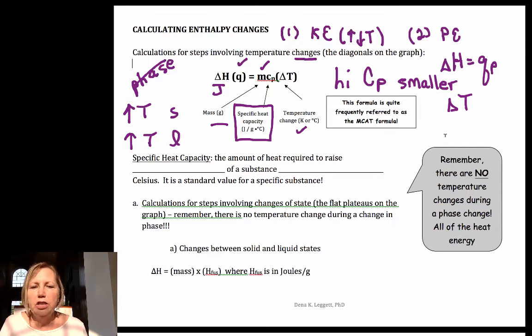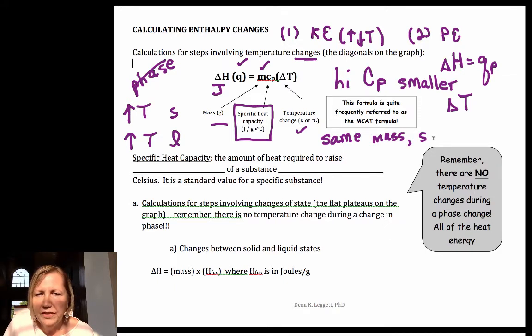So if I'm comparing two substances and those two substances have the same mass and I add the same amount of heat, the one with the larger heat capacity will have the smaller change in temperature. Hopefully that clarifies that.